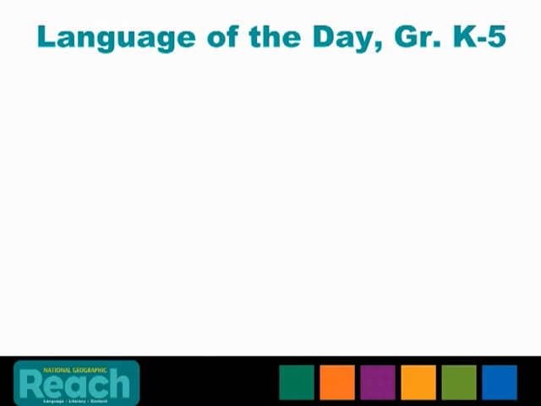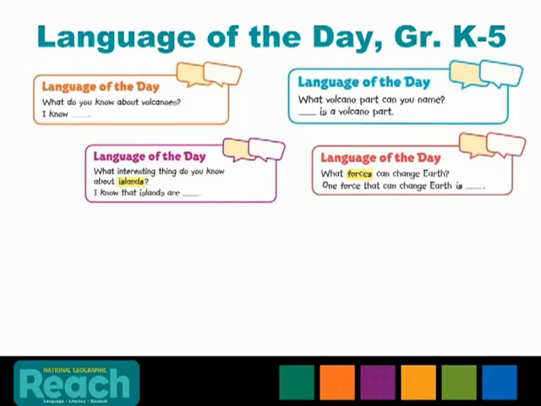In REACH every day, across all grade levels K through 5, we will begin with the language of the day. Take a look at these examples from the unit at grade 3. What do you notice about these opportunities for oral language development? You can see that they are all science or social studies based. They are linked to the big question in the unit.